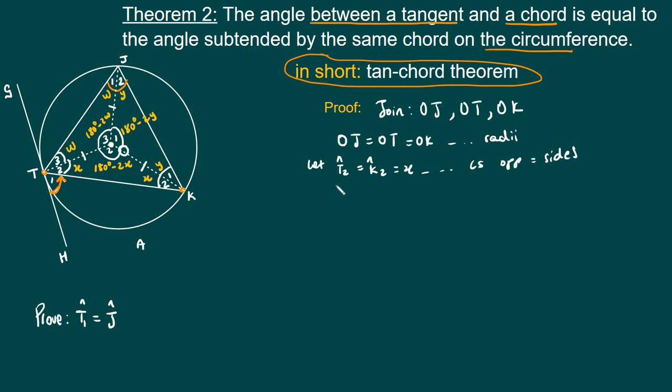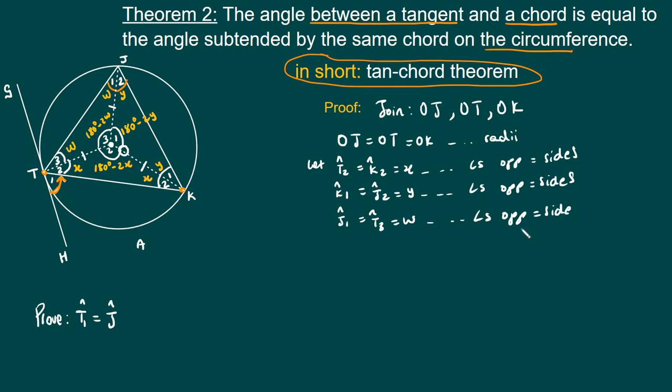And then you tell them again, let angle K1 be equal to angle J2, both will be y. You tell them angles opposite equal sides. And then again you tell them J1 must be equal to T3 and both must be w. You tell them angles opposite equal sides.